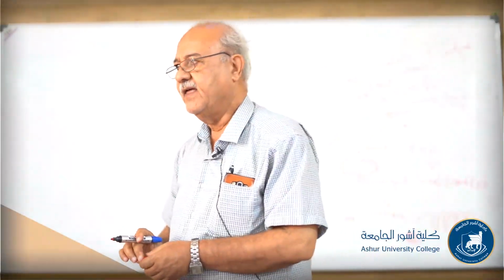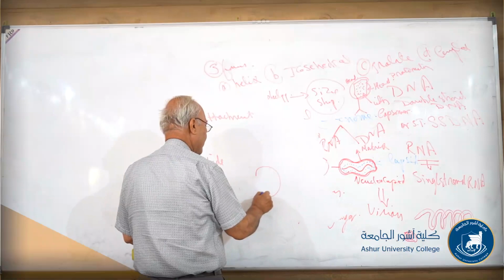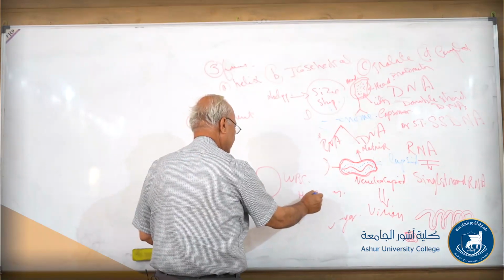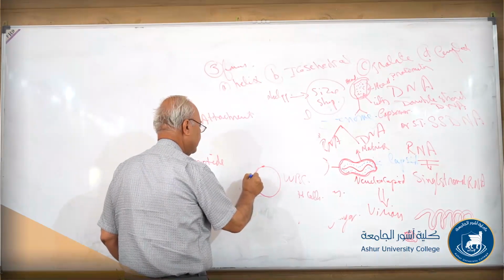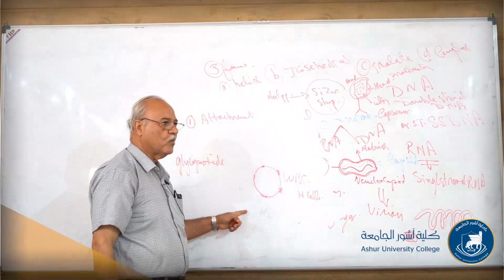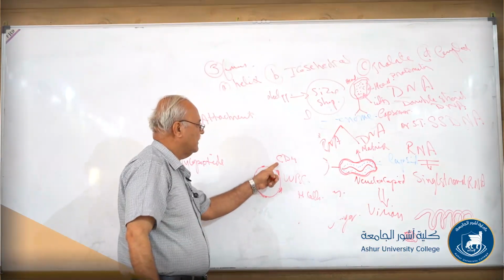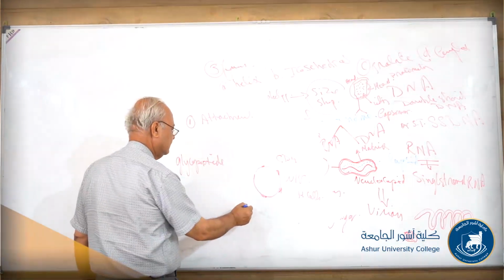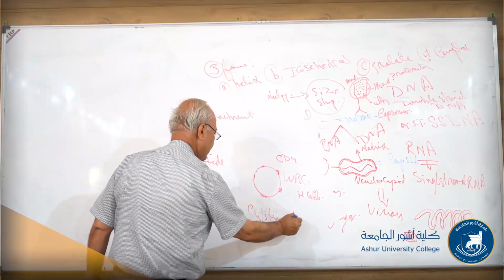For example, in the AIDS disease, when the virus infects the white blood cells, the helper T cells, they have a receptor site outside called CD4, C meaning cluster of differentiation.